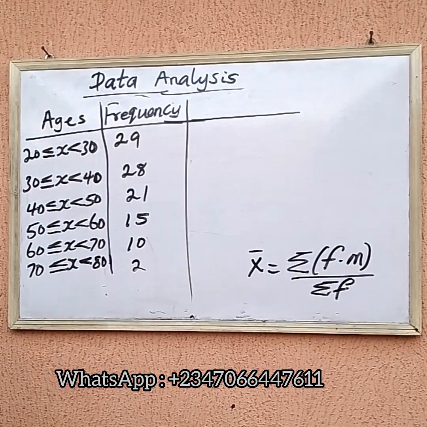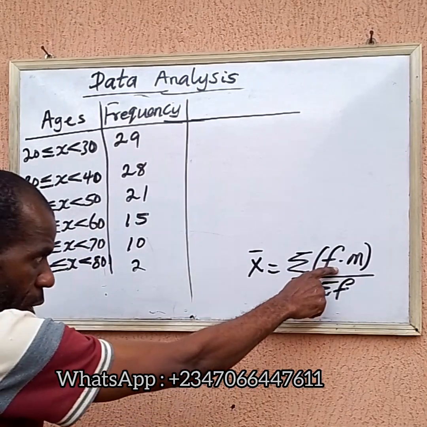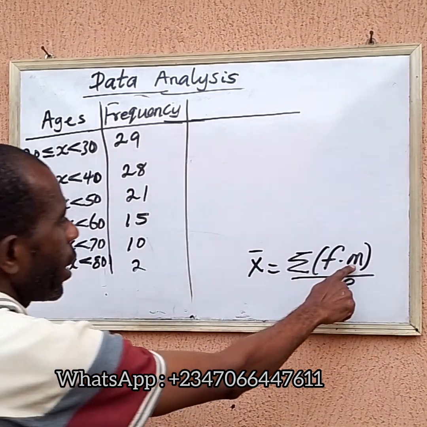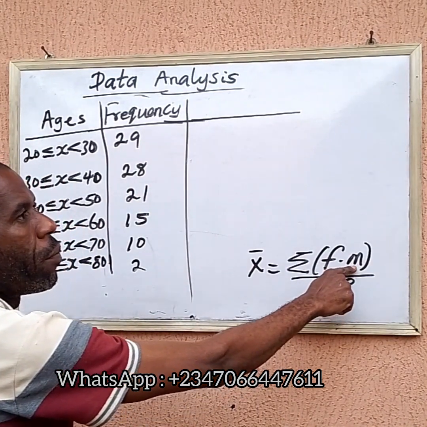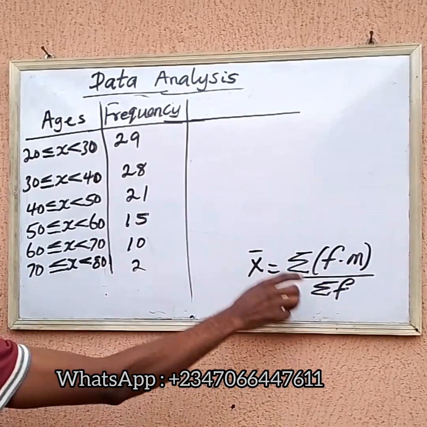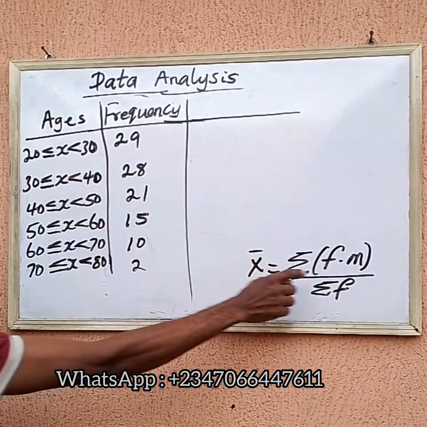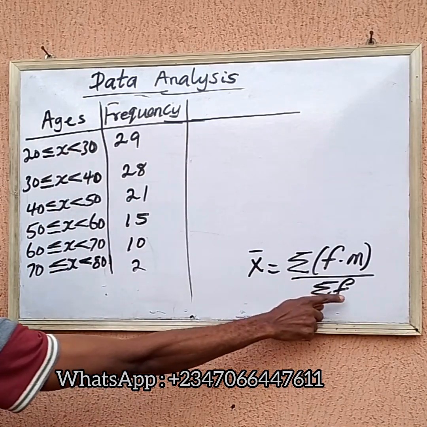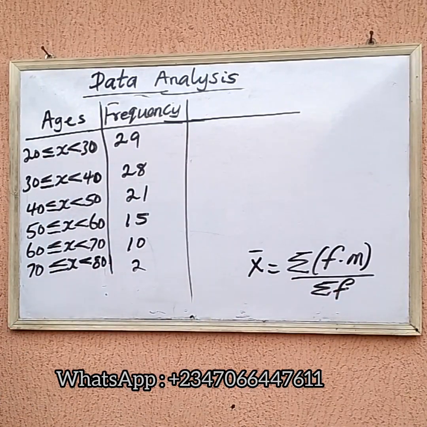What does this mean? f is the frequency of each class, and m is the midpoint of each class. The denominator is the summation of the frequency. That's what we are going to do now.